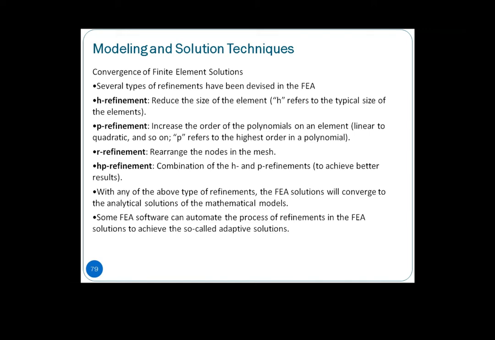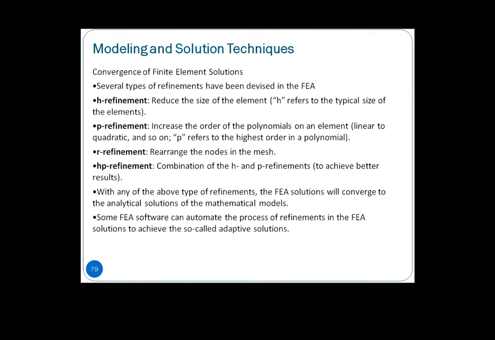HP refinement is more towards a combination of reducing the size of elements and also higher orders, combining H refinement and P refinement. In ANSYS, we can change the size of our elements, reducing the size to increase accuracy.